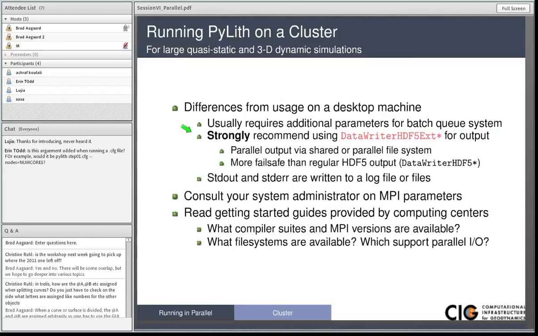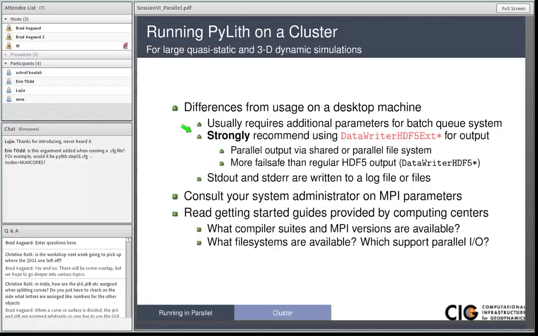However, with this other approach, using these external data writers, we're only touching the HDF5 file with one process, and we can actually reassemble the HDF5 file on the fly after all of these external data sets have been written. We don't really support that at this point, but it's feasible. By only writing the HDF5 file using one process, we end up with a much more robust system, and it's much more fail-safe than the regular HDF5 output.